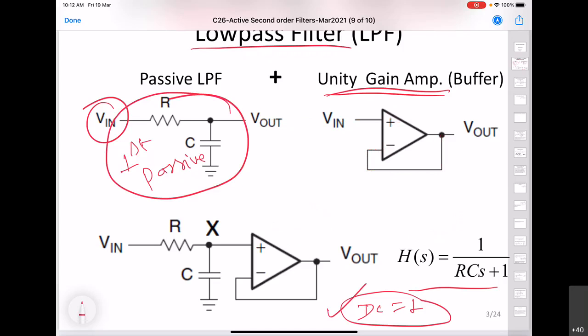So for example, if we decide to use only this one and then we connect it to a load, then in this case the output will of course not be given by this transfer function.